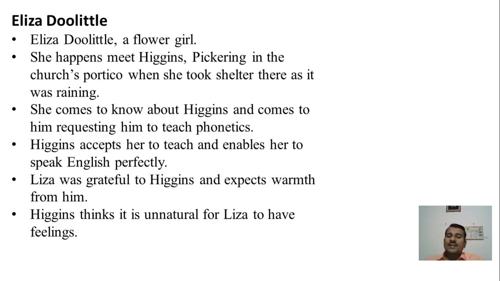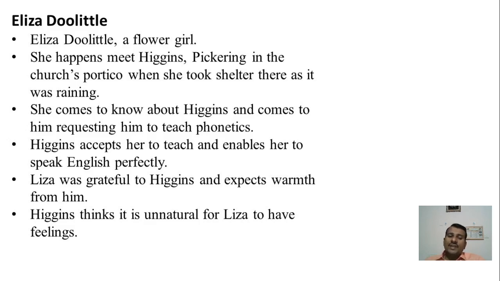She gets to know that he is a person who studies language and transforms people from low level colloquial language into sophisticated elite class language. Higgins accepts to teach her and enables her to speak English perfectly, and also challenges Pickering that he is going to change her in 6 months. Her entire speech, approach, and attitude, even in terms of clothing, is going to change.